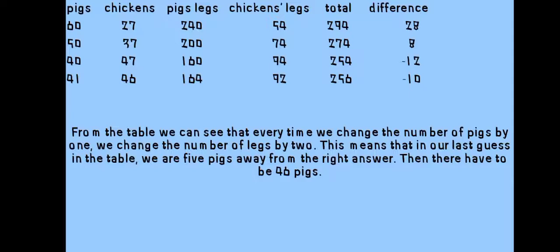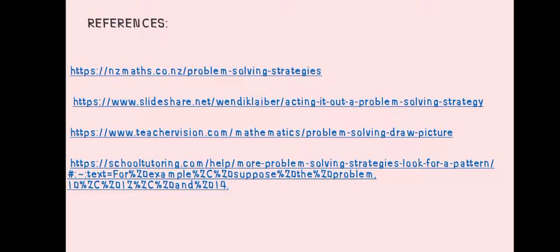This means that in our last guess in the table, we are 5 pigs away from the right answer. So what is the right answer? There are 46 pigs.